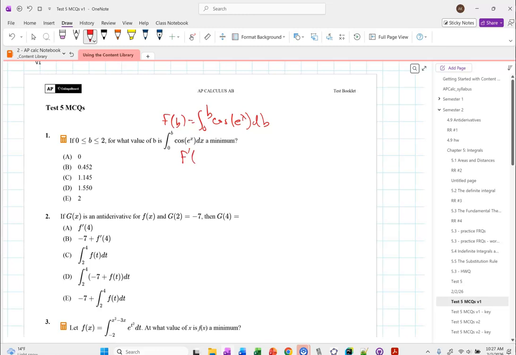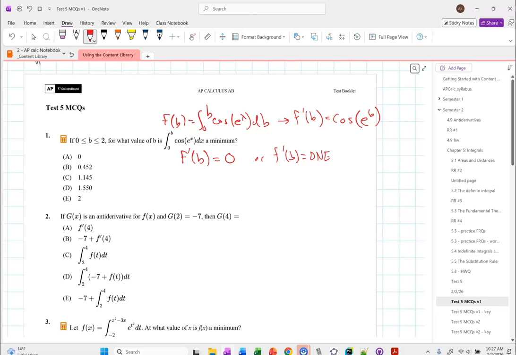So I need to know where f prime of b is equal to 0, or where f prime of b does not exist, right? What is the derivative of this? What's f prime of b? Yes, just cosine, in this case cosine of e to the b, since we defined it as b.